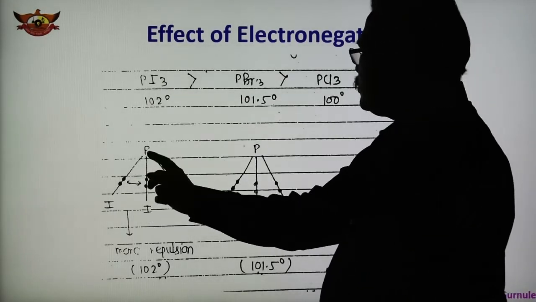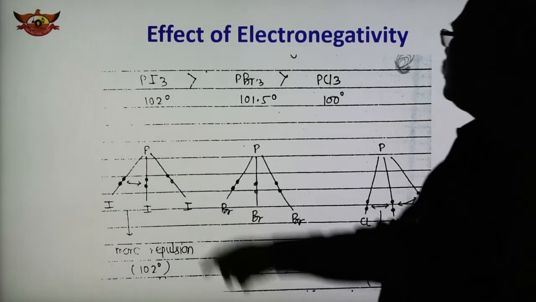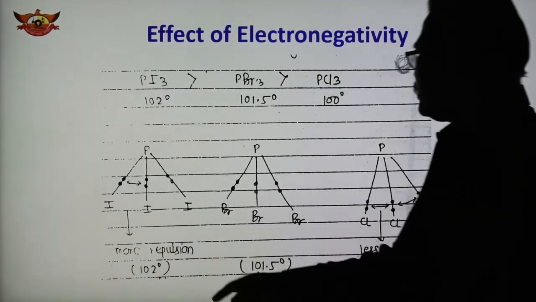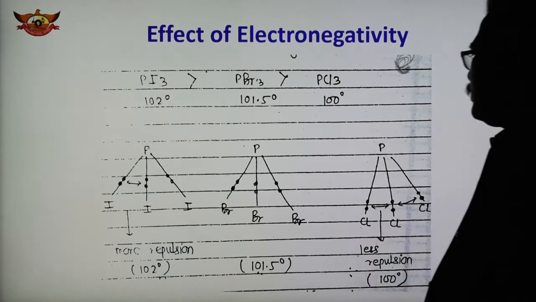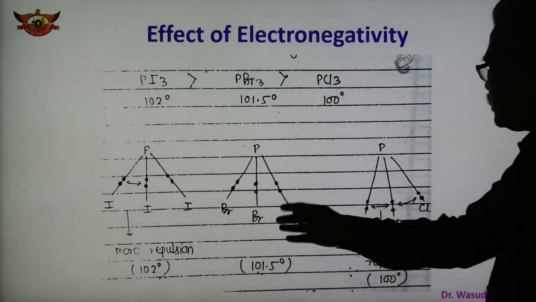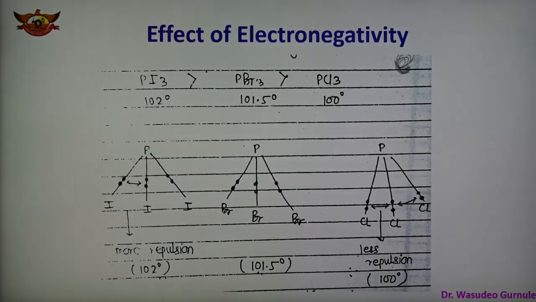PI3 has a bond angle of 102 degrees, and it is larger because in this case there is more repulsion between the electron pairs. In this case repulsion is less, and in this case there is very little repulsion, and therefore the bond angle is smaller.